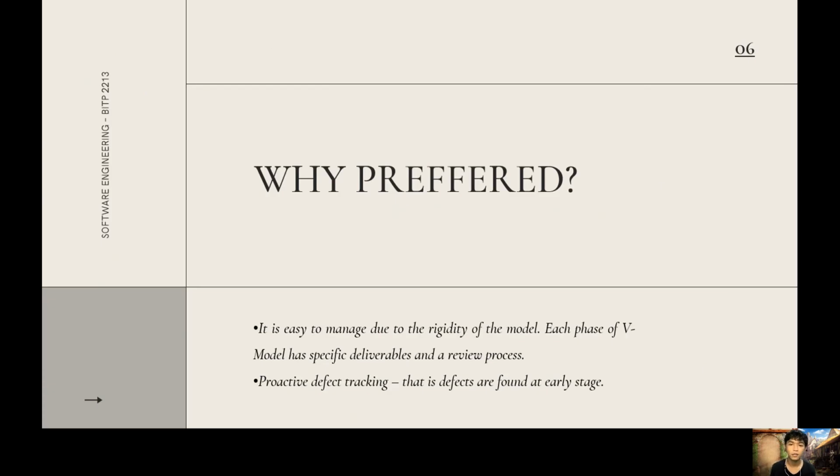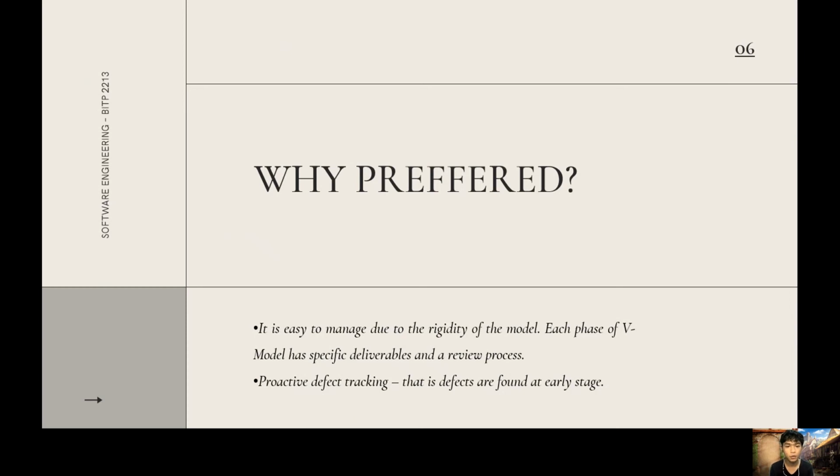Okay, why is the V model preferred? Because it is easy to manage due to the rigidity of the model. Each phase of the V model has specific deliverables and a review process.